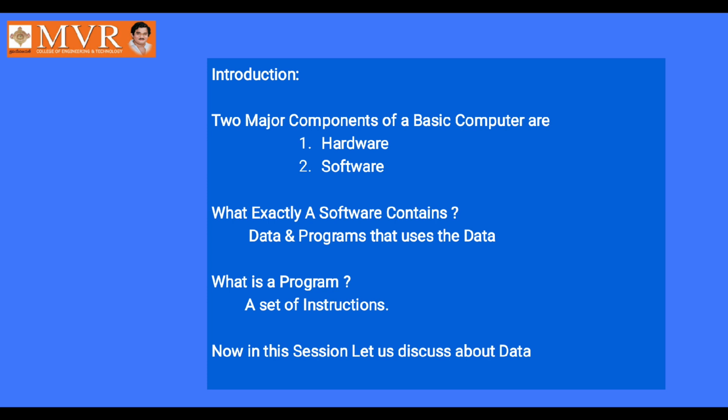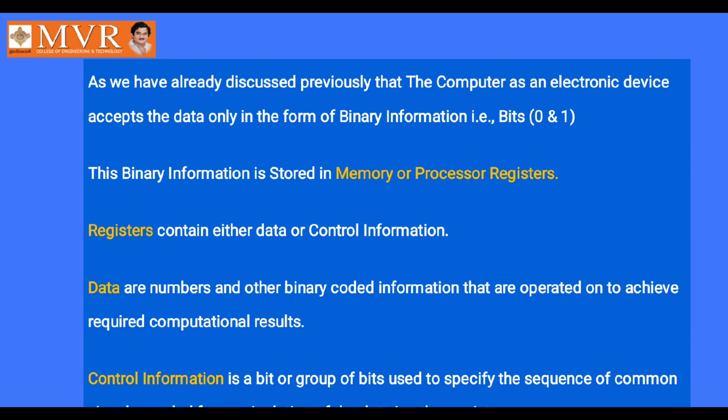Here I am repeatedly using the word data. Whatever the sequence of steps named as a program, if you want to execute it, we need certain data. Now in this session, let us discuss what data is.